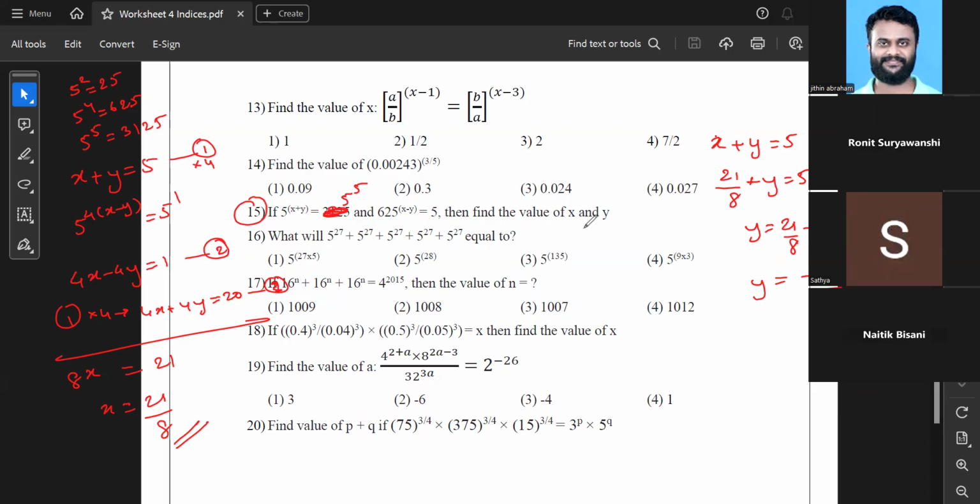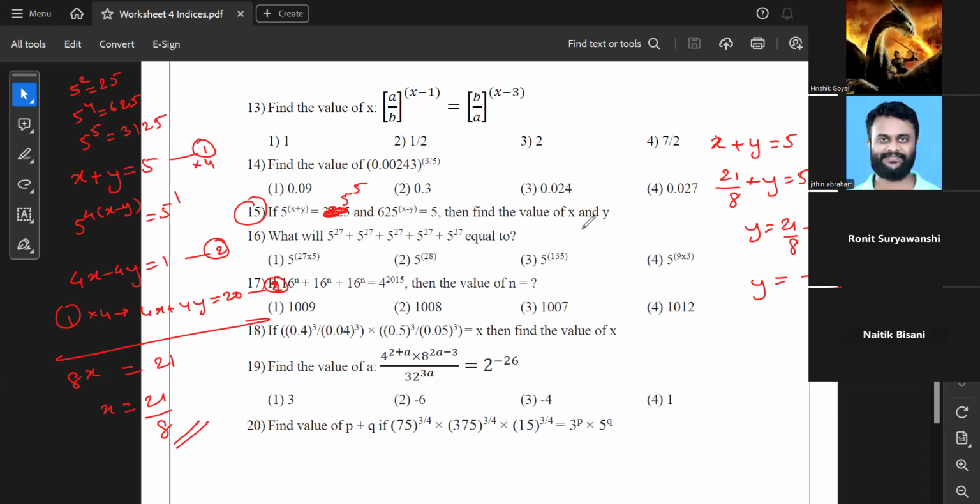Sir, 5 will be positive, right? Because 5 minus 21 by 8, na? So 21 by 8 will be negative, right? Yes, sir, my bad.